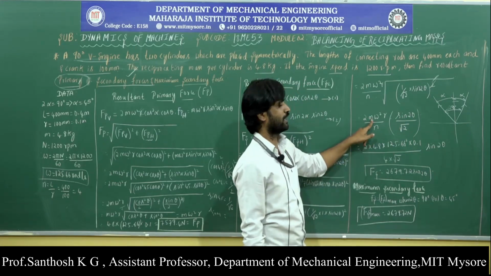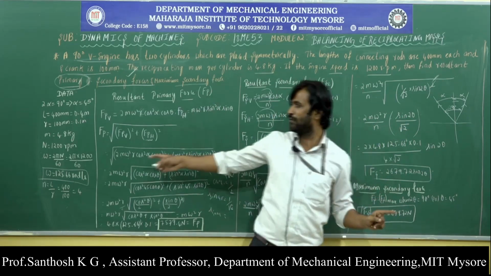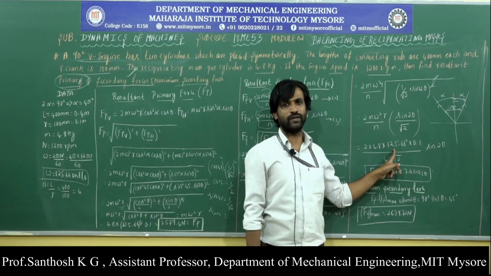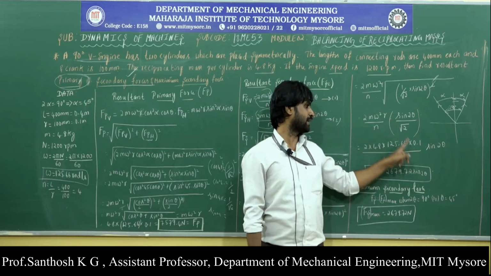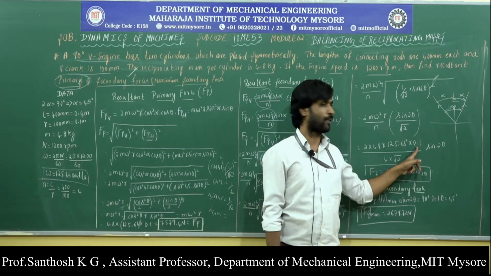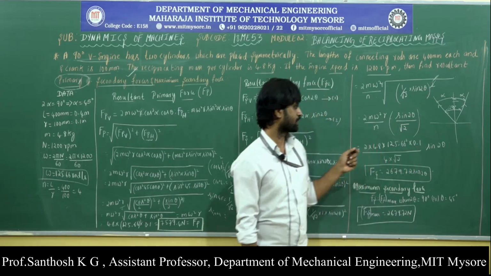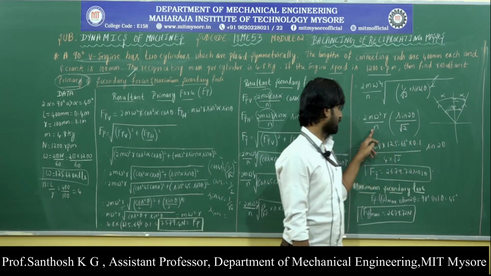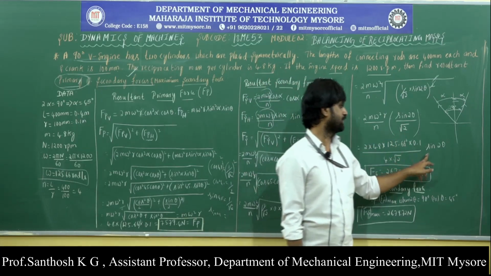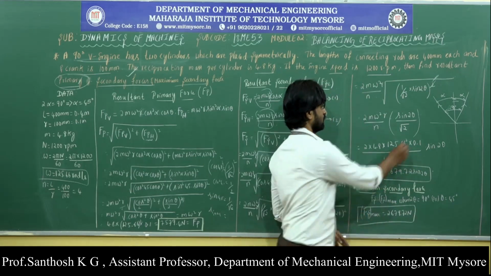Now, substitute the value of m. The value of m given is 4.8, the value of omega is 125.66, and in place of r, which is the radius of crank, we have substituted 0.1, divided by n. The value of n is 4, and root 2 into sine of 2 theta.